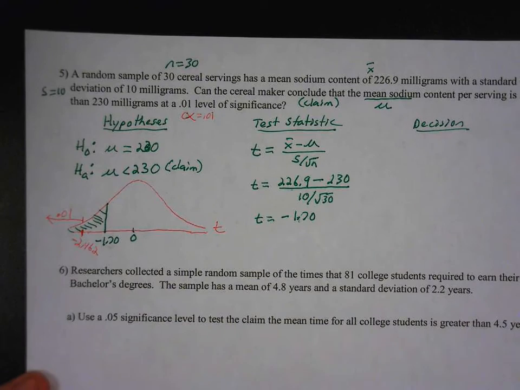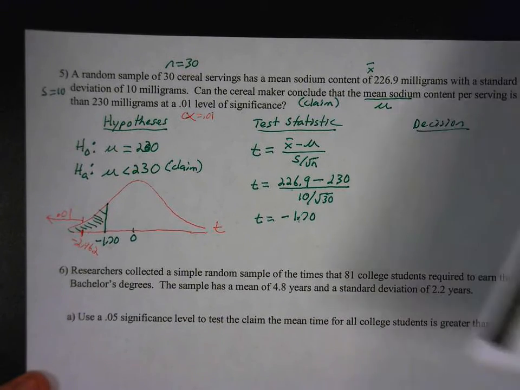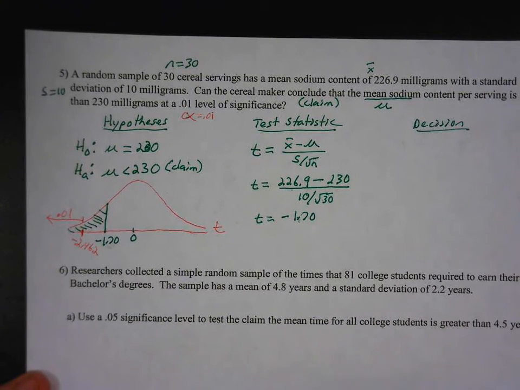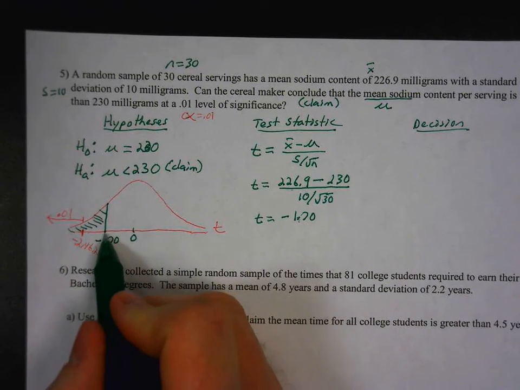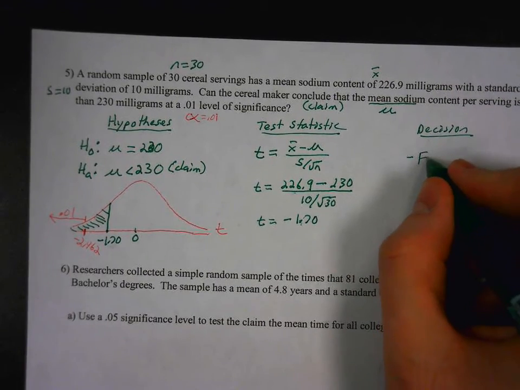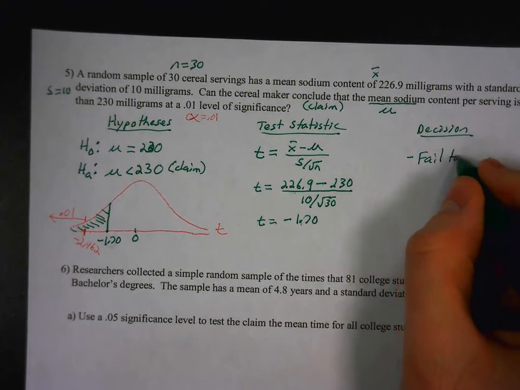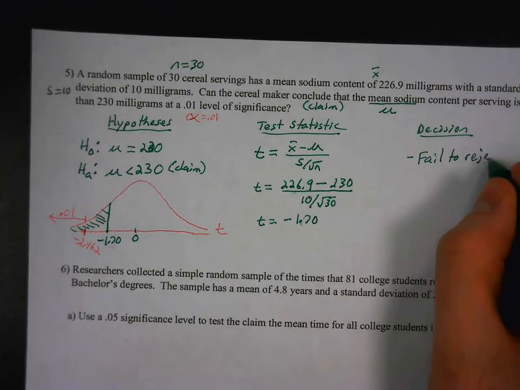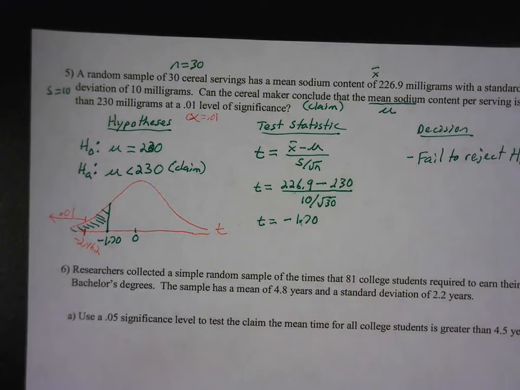Just like with other hypothesis tests, we're at that same decision time where negative 1.70 is not extreme enough compared to negative 2.462 to reject H0. So our decision is we fail to reject H0, the null hypothesis.